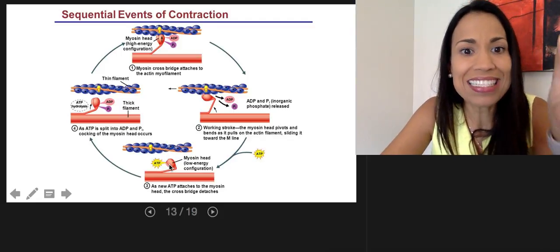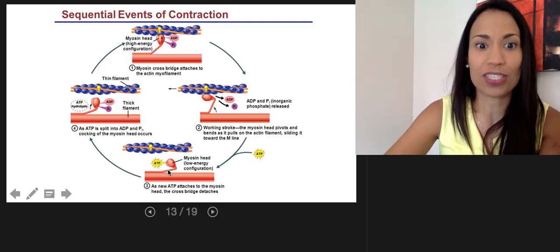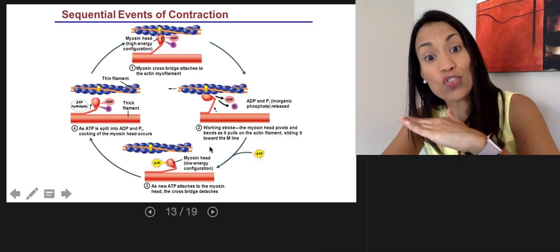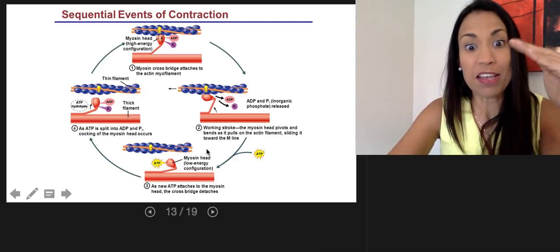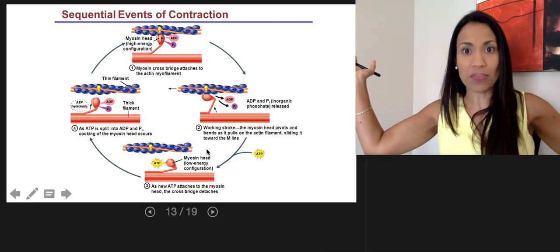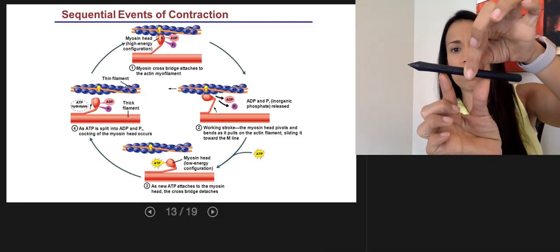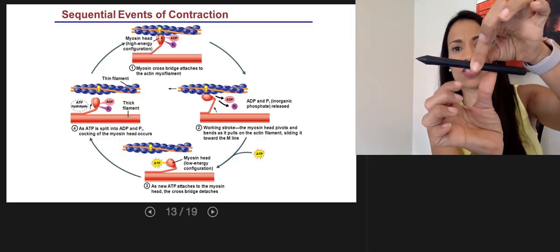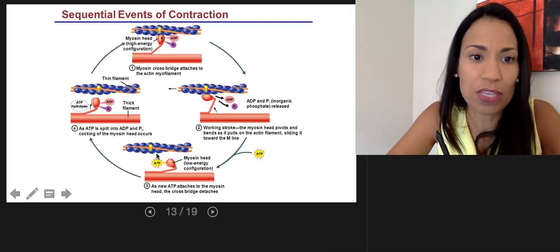Then this myosin head detaches, pivots again, and goes back to the resting position to grab the same actin filament, but further distally from where it grabbed it before. It moves it to the middle, then detaches and grabs it distally so it can move it closer to the M line.